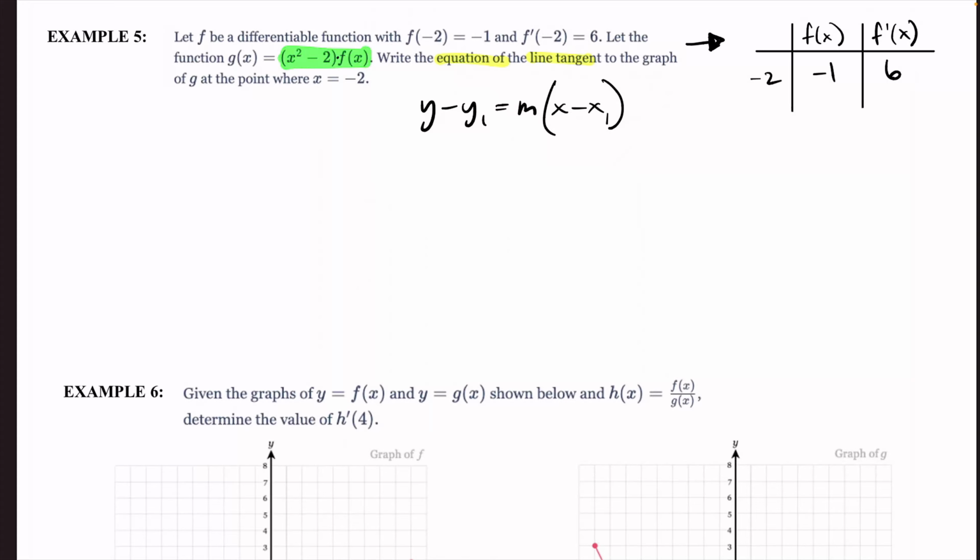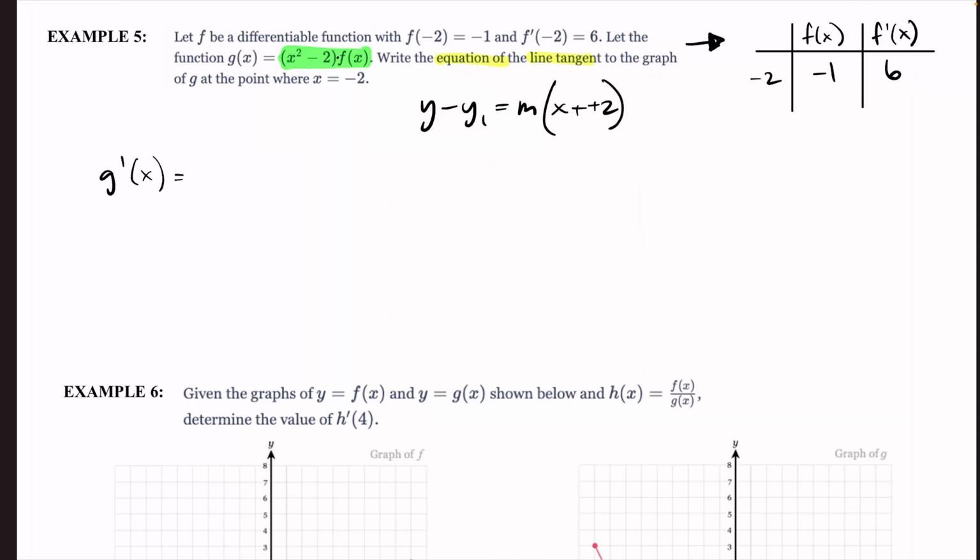So if we want equations of tangent lines, we need a derivative and I need a point, an x and a y, right? They've given me the x, which is negative 2. But I need a derivative and I need the y. So let's start with the derivative. It's x squared minus 2 times f of x. That's multiplication. If I'm finding the derivative, that's the product rule.